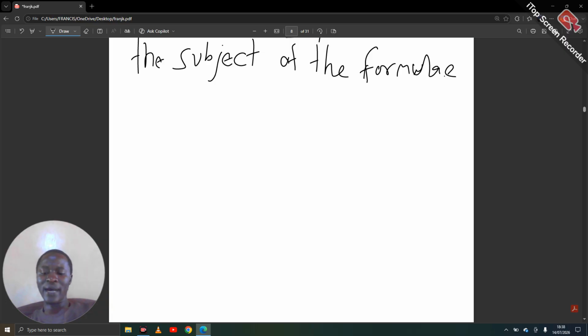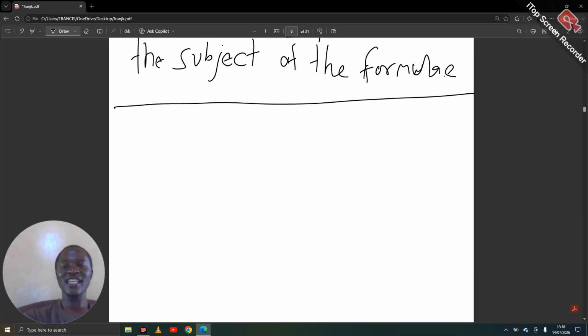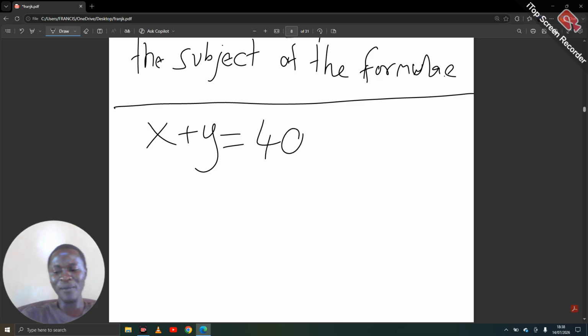Now, the sum of two numbers x and y is 40. Let us solve that question. x plus y is equal to 40. Write down an expression in terms of x.